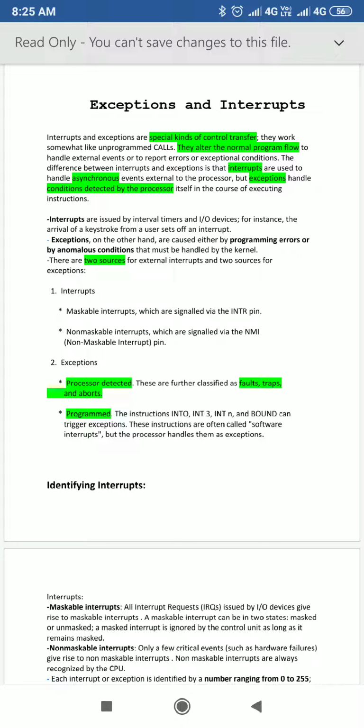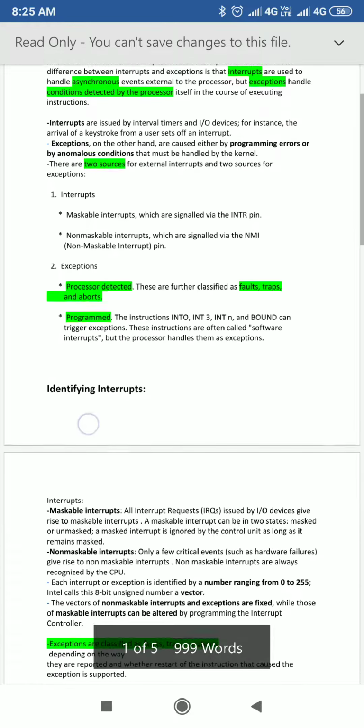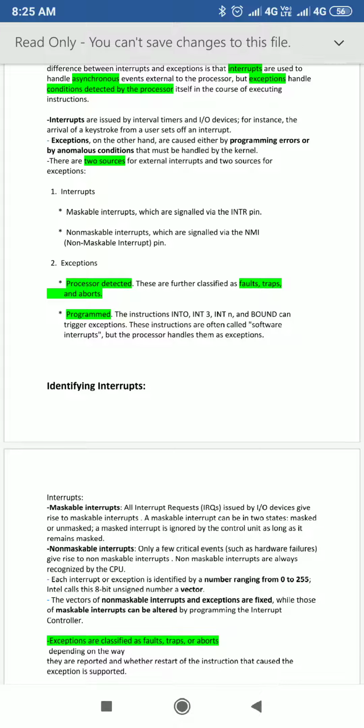In short, the formal definition of an interrupt is: the external asynchronous input applied to the microprocessor is called an interrupt. It can be any kind of interrupt, like a hardware interrupt or a software interrupt.